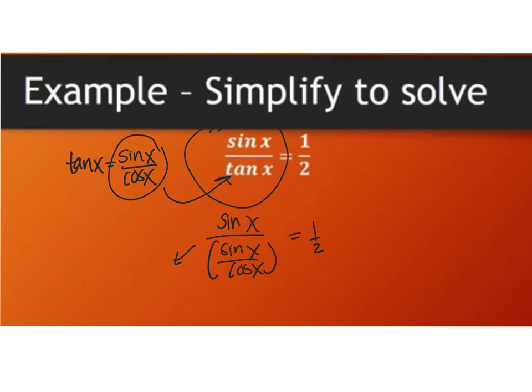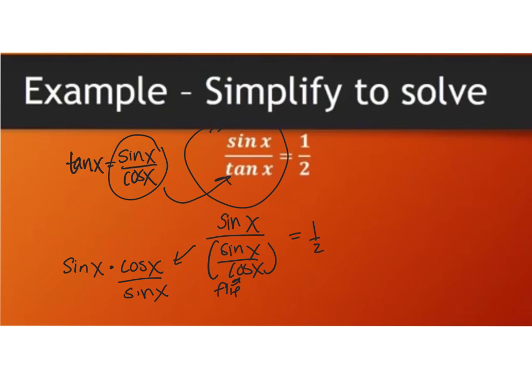For this problem, you have to remember the rules on how we divide fractions. I can change this into a multiplication problem as long as I flip the second fraction, so I can flip this to cosine of x over sine of x.